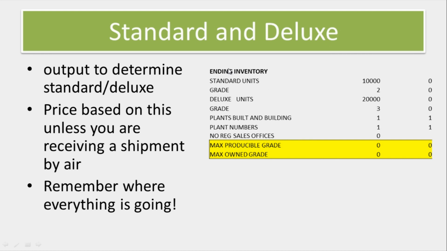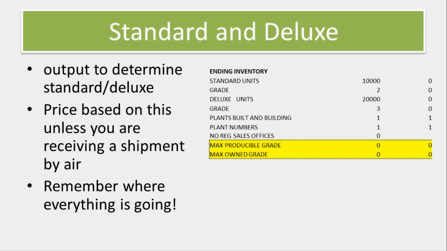So if we look at this, I've got a little section cut out of the output here with ending inventory. Let's say that this is at the end of period 4, and this is what you have available. These are X products. You have 10,000 units available of X2. You also have 20,000 units available of X3. So that's right now at the end of period 4, and you're making a decision for period 5.